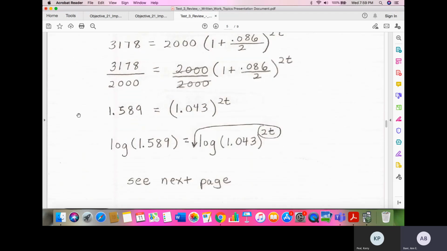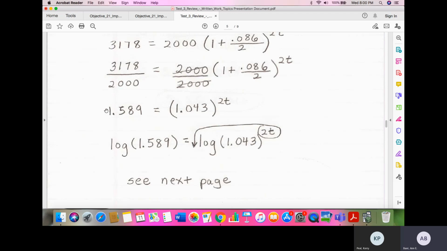So we're down to something pretty simple looking. Notice we have a variable in the exponent, and all we have on the right side is a base of 1.043 to the power 2t. We need to get this t out of the exponent, and the only way we can do that is by taking the log of both sides.